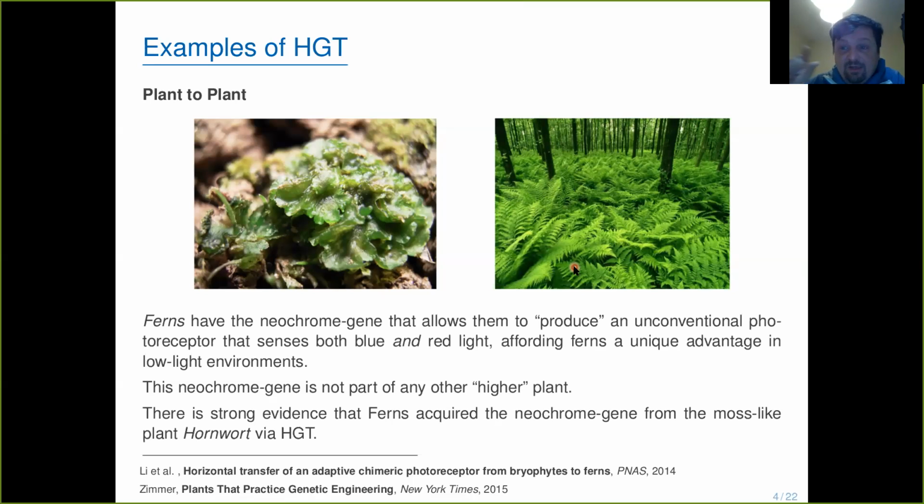This particular gene is not part of any higher plant, and it was long unknown how it evolved. There is strong evidence that the ferns acquired the neochrome gene from this moss-like plant, the hornwort.